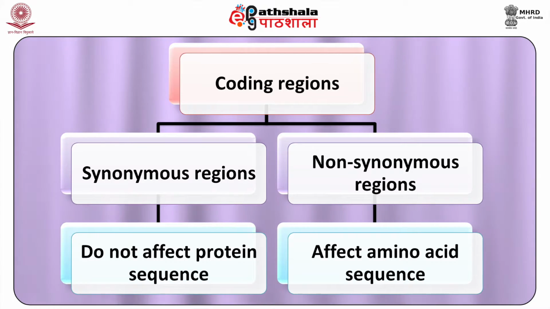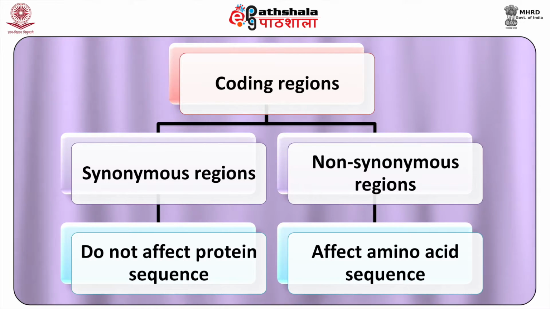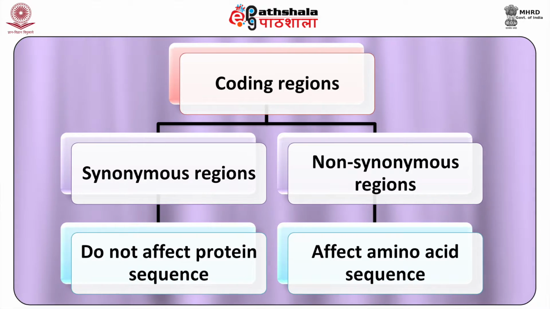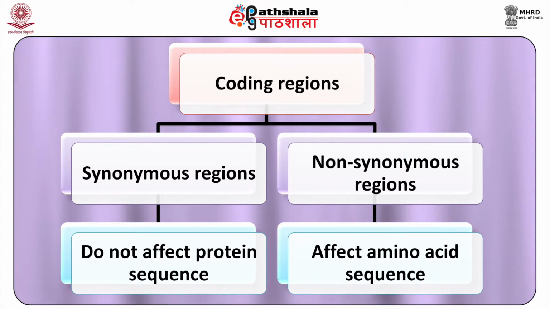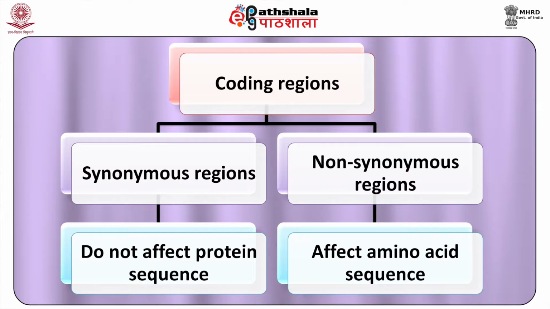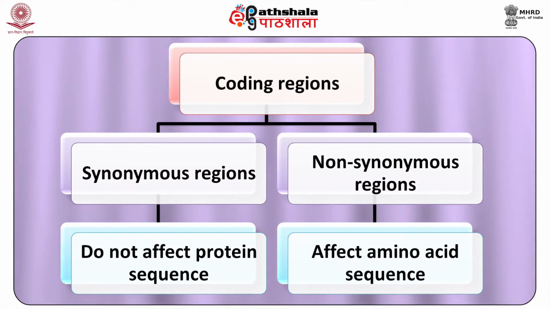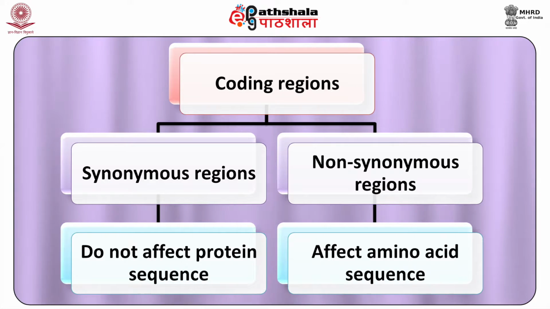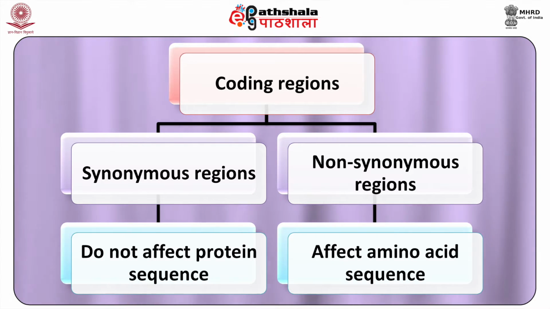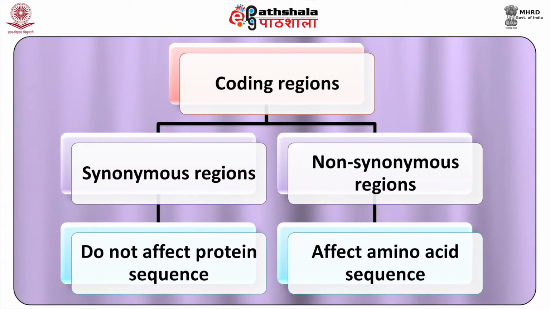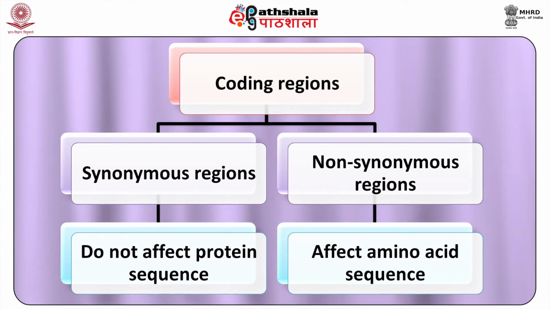Coding regions are further divided into synonymous and non-synonymous regions. Synonymous SNPs do not affect protein sequence, whereas non-synonymous SNPs affect amino acid sequence. Non-synonymous SNPs are further categorized into missense and nonsense SNPs. Non-coding regions may affect messenger RNA degradation, gene splicing, etc.